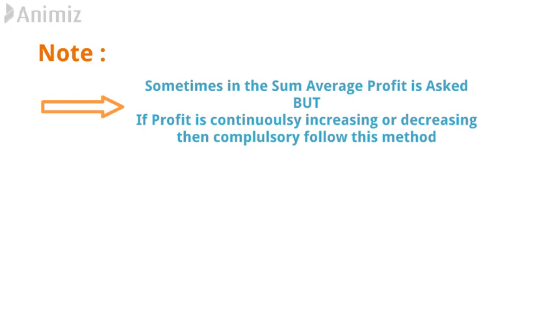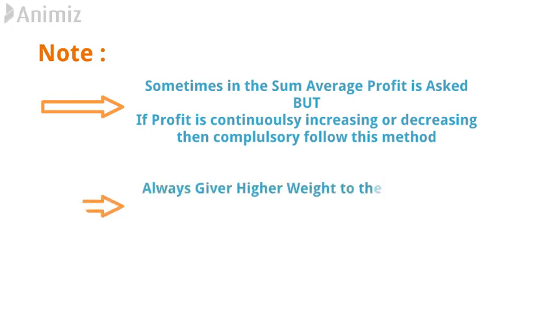Otherwise, you will get just 1 mark out of the 4-mark question, and that is only for your formula. So take care, whenever it is given increasing or decreasing profit, then you should follow weighted average profit method in spite of the fact that it is given in the sum that you should calculate average profit method. It is not average profit, it is weighted average profit.